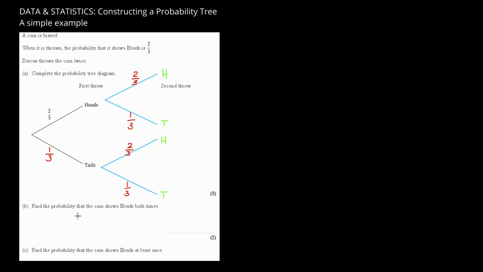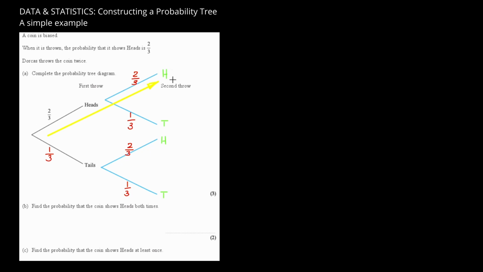Now in part B, we've been asked to find the probability that the coin shows heads both times. So we're going up here, both these branches. What's the probability of reaching our second head? Well, the probability of getting the first head is 2/3. And the probability of repeating that action is again 2/3 of what we've had.